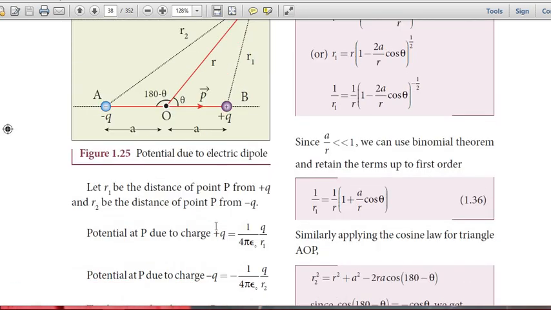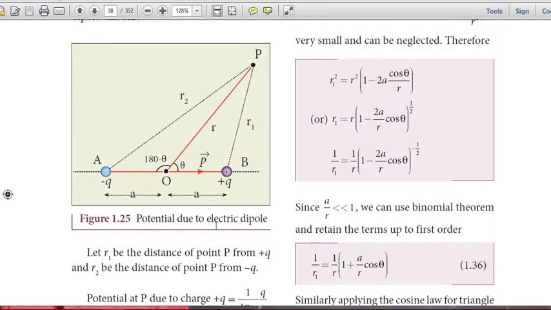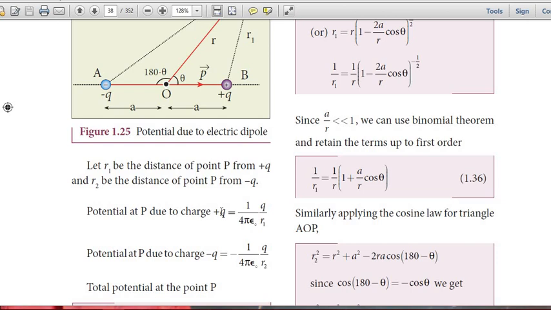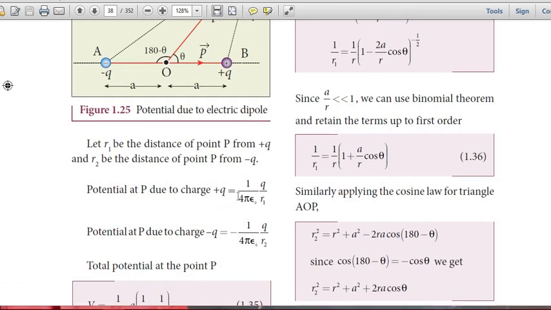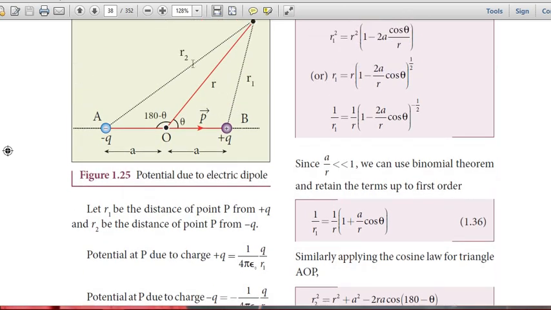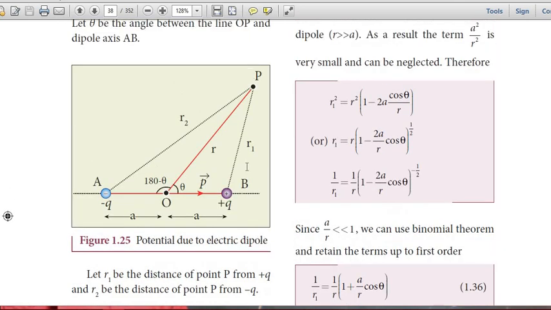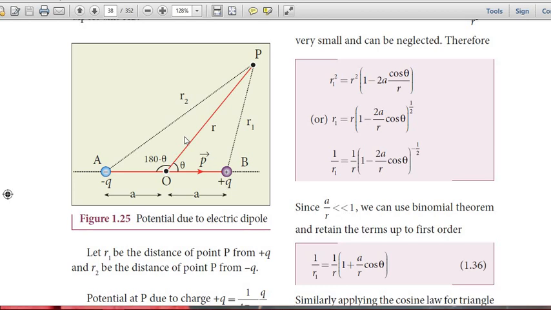Here let me calculate the potential at P due to a charge plus Q, then the potential at point P due to charge minus Q. Let R1 be the distance of point P from plus Q, and R2 be the distance of point P from minus Q.